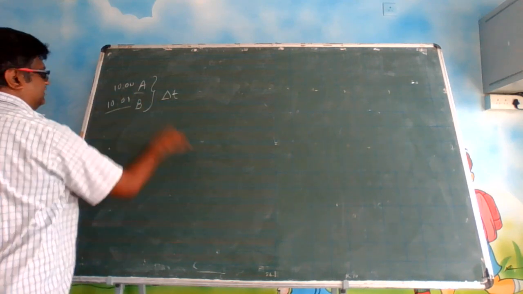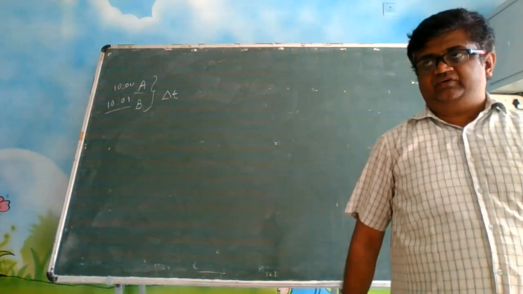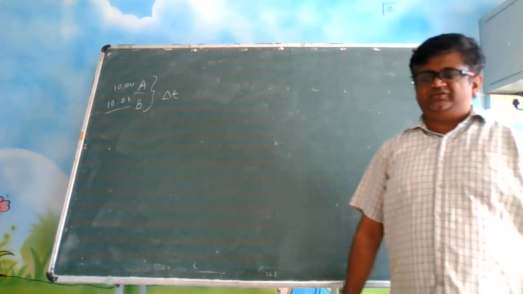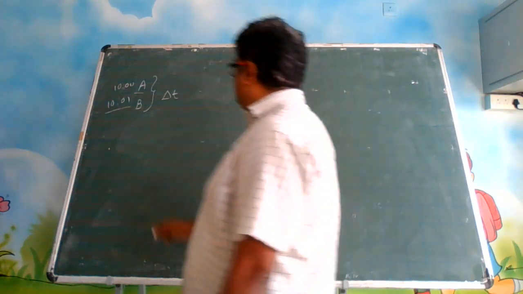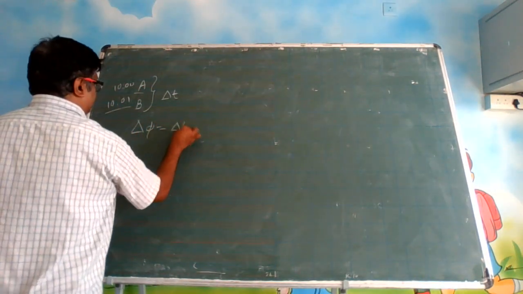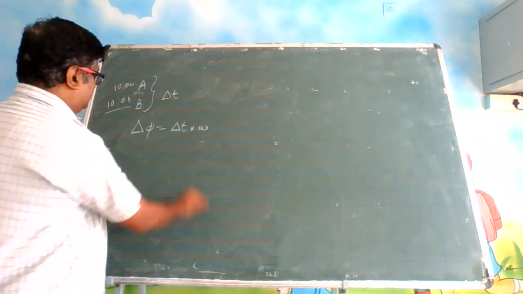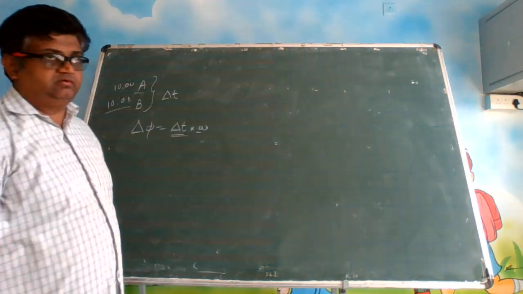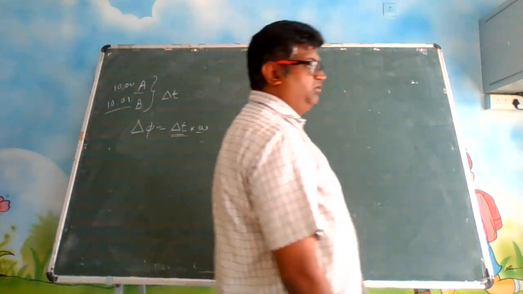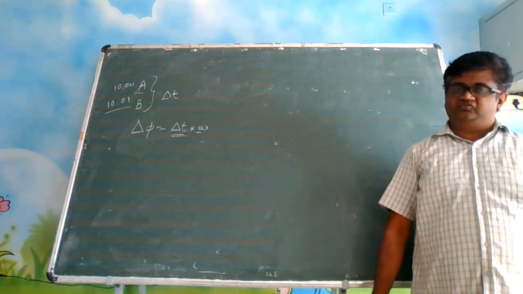So this gap is delta t. Is there a phase difference? The answer is yes. How to find the phase difference? Here the phase difference delta phi will be equal to delta t into omega, delta t multiplied by the angular speed. Here we are assuming that both the motions are occurring with equal angular speed.